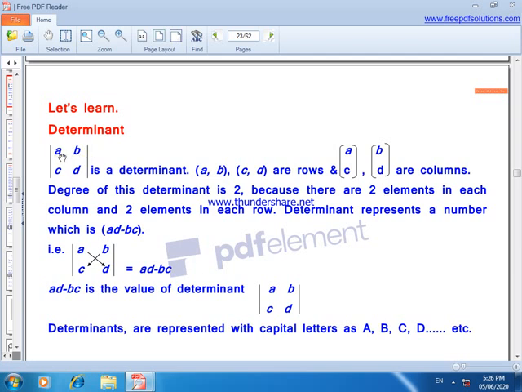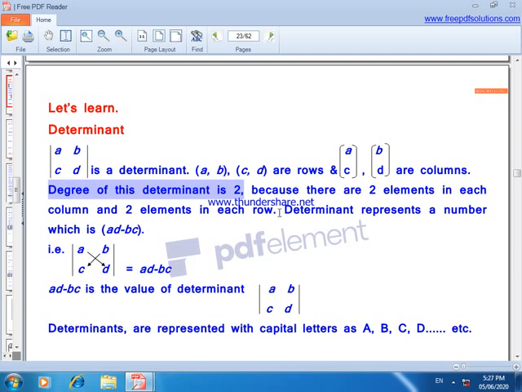The first row consists of the two elements A and B, and the second row consists of the two elements C and D. There are two elements in each column and row, so the degree of this determinant is 2.